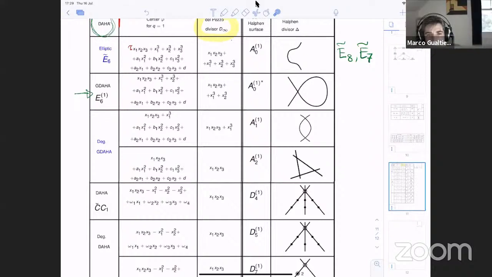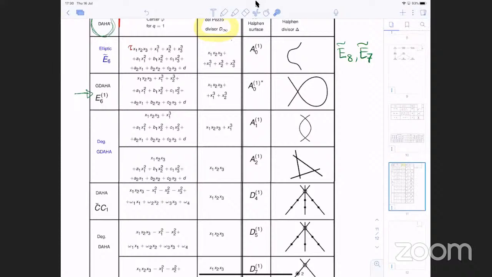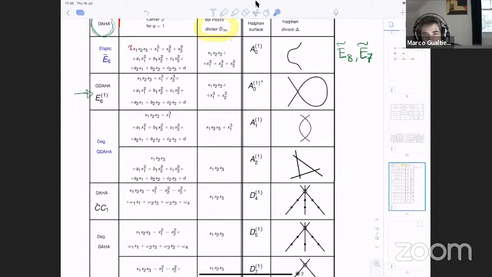Okay, but I'm just wondering, the parameters that you're seeing in the second column, are they related to the choice of the idempotent, or are they related to the choice of the DAHA? The choice of the DAHA. I see. And if the second column is to be interpreted as some kind of deformation of a character variety, like an affine character variety, what is supposed to be the interpretation of the DAHA?